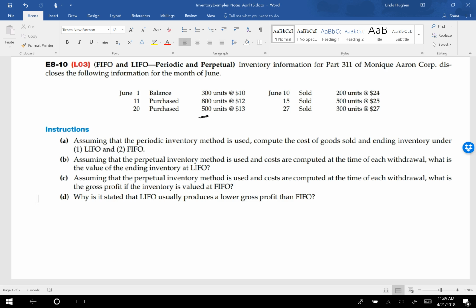We have 1,600 units available for sale. And we want to know what is the total dollar amount of inventory that we had available for sale.